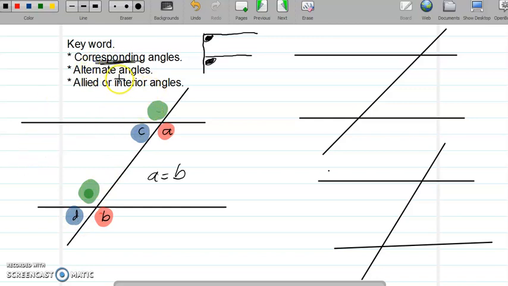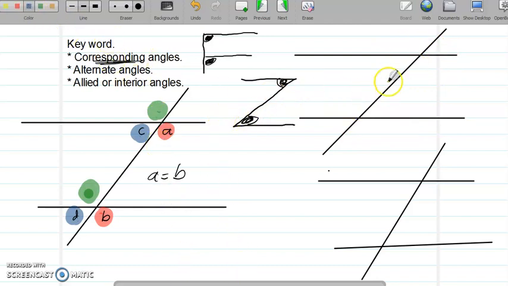Okay, now alternate angles. For alternate angles, I always look at the letter Z. When we look at the letter Z, you find out that this angle that it produces here and this angle that it produces here are alternate. They are alternate. You see that? So they are what we call the alternate angles. Now let's look at these parallel lines.